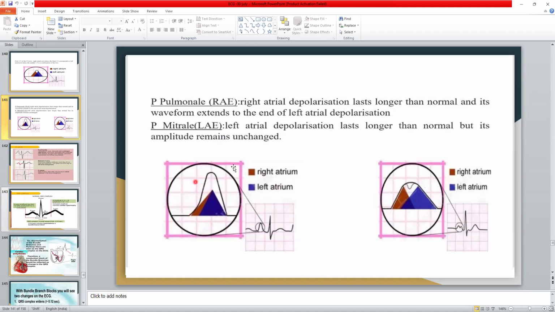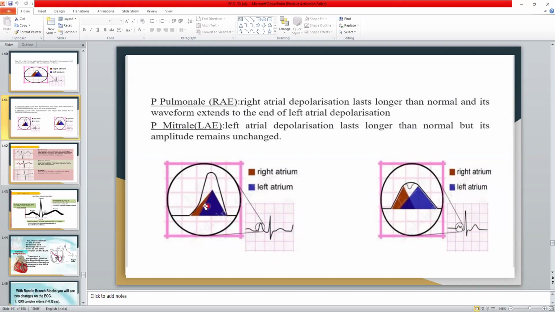This is the P pulmonale. In the P pulmonale, the right atrial depolarization, the brown color is the right atrium, lasts longer than normal. Usually it should be one-third, but it lasts longer, almost extending up to the end of the left atrial depolarization.